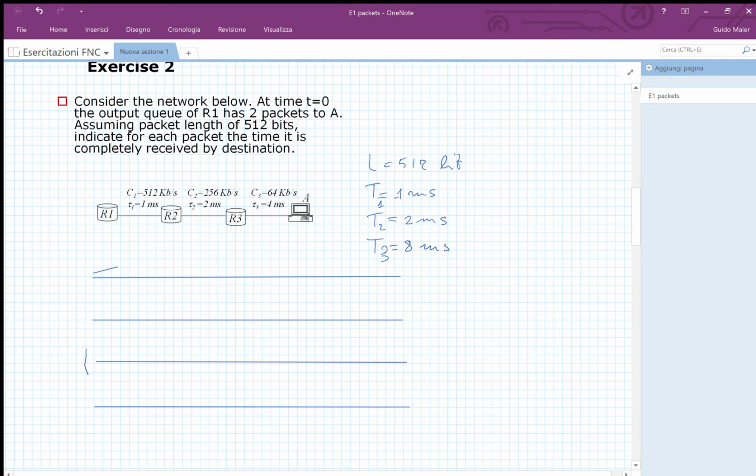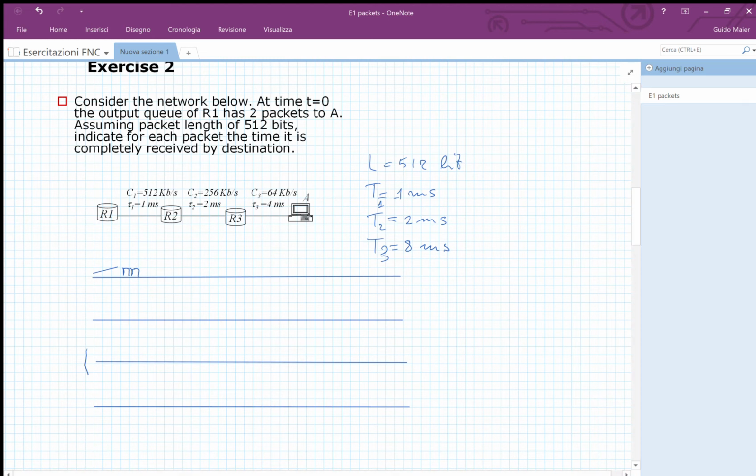So let's draw again our graph. Propagation times are 1, 2, and 4 milliseconds, propagation delays. Let's start at this point here. Here we have the first packet, and then the second packet that is transmitted immediately after by the first interface.